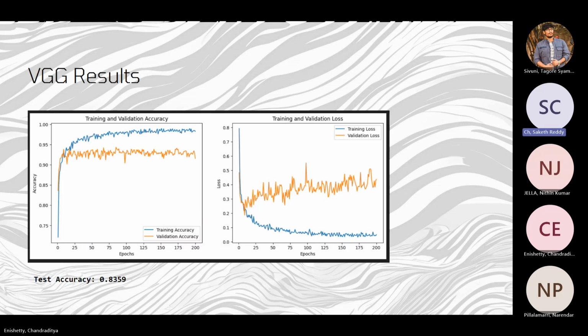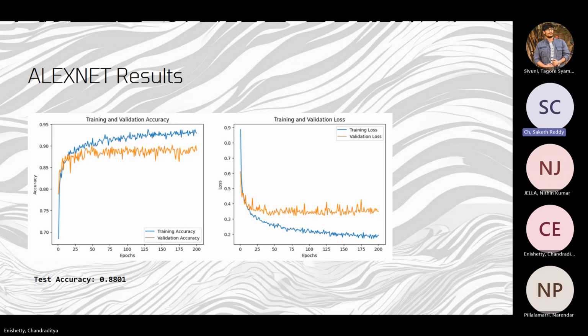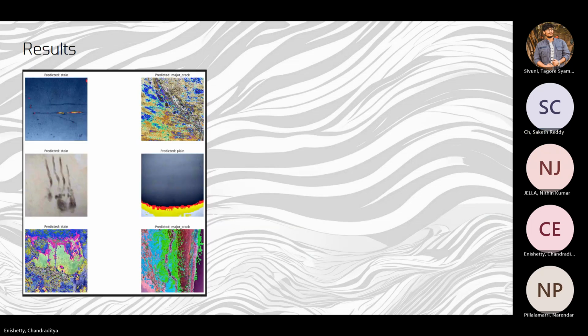Next, the AlexNet model scored an accuracy of 88.01%.